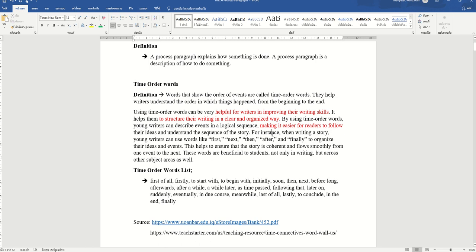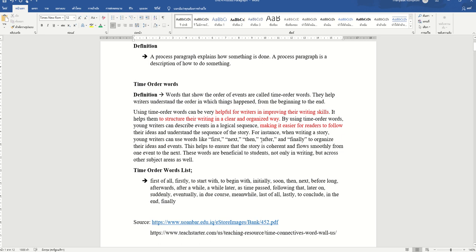Moreover, it also helps your reader to follow your writing or your paragraph very well.